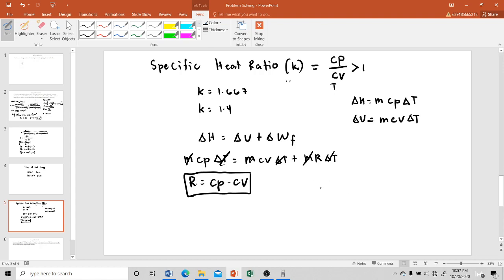Now we have to get the equation in terms of the specific heat ratio and the gas constant.